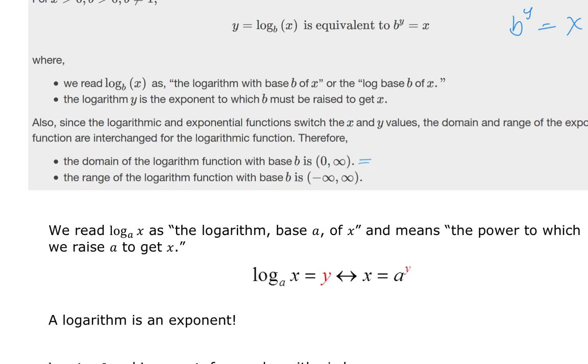So we could say that this would have been the range of the exponential, and this would have been the domain of the exponential, which we know now is the domain of the log is the range of the exponent. The range of the log is the domain of the exponent.